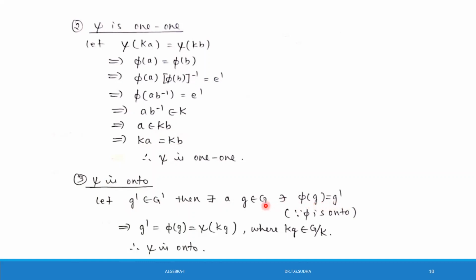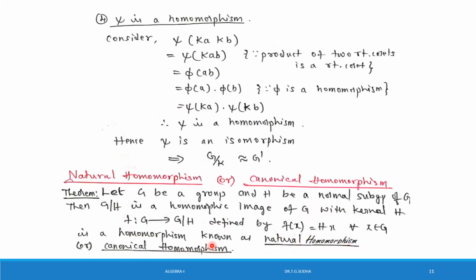Since we have found an element g belonging to G such that phi of g is equal to g dash, and under the mapping psi, phi of g is equal to psi of Kg. Therefore, g dash is equal to phi of g, and in turn that will be equal to psi of Kg, where Kg belongs to G by K. Therefore, psi is onto.